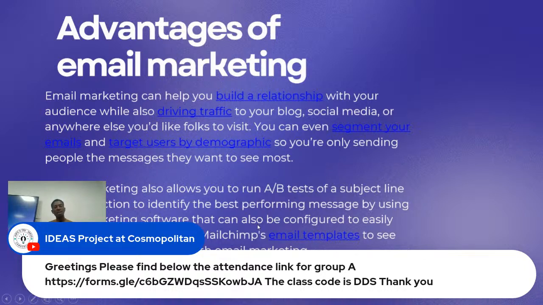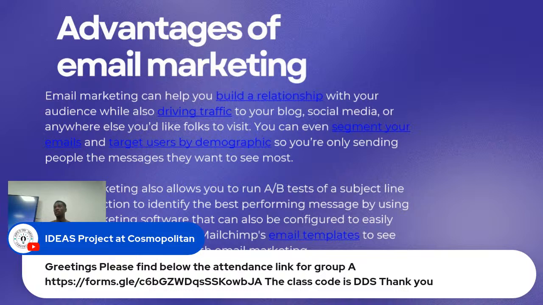Email marketing allows you to run A/B tests of a subject line or call to action to identify the best performing message, using email marketing software that can be configured to send that email. There are different software tools you can use for email marketing.